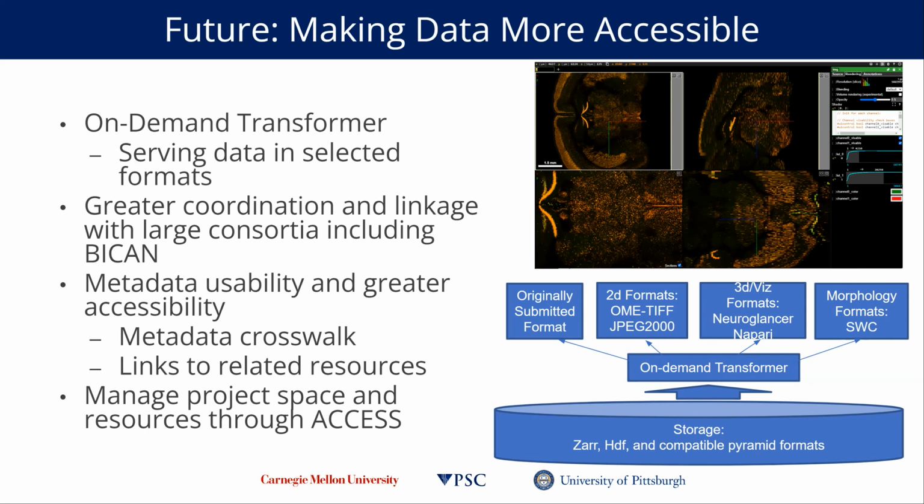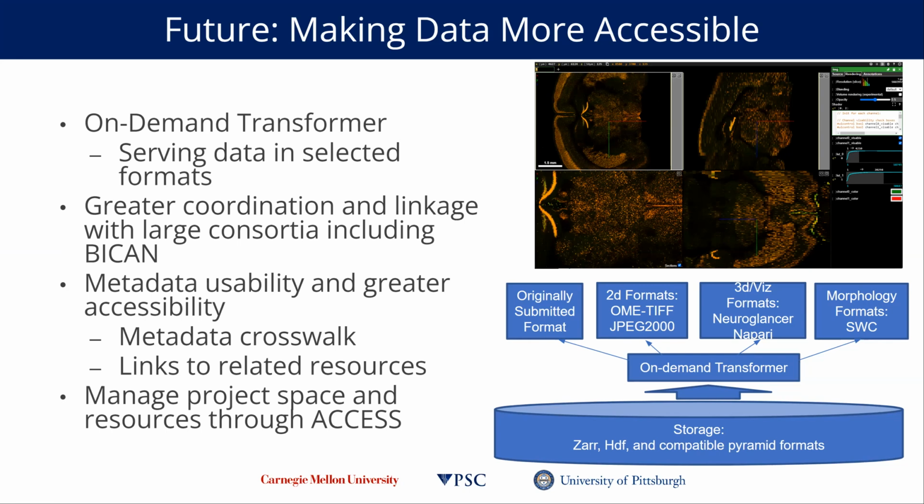We're also going to be making some changes to metadata in terms of making our metadata more usable and with greater accessibility, particularly with other resources. We intend to do a metadata crosswalk that compares the metadata schema that BIL uses with schemas in use elsewhere, and have a way that, if it's possible, we can translate fields in our metadata schema to fields in somebody else's schema.